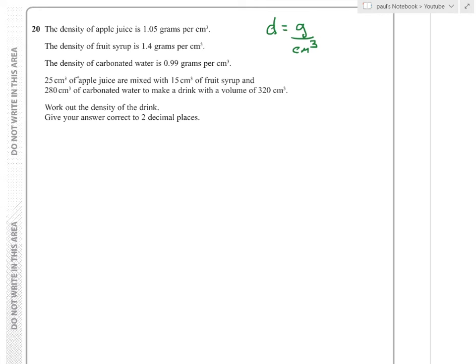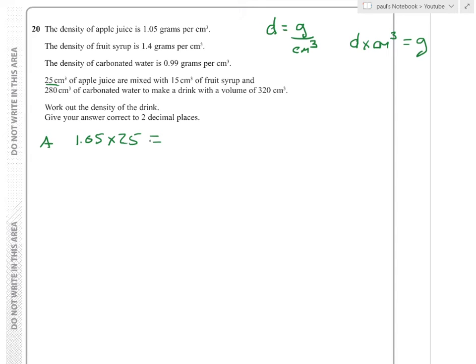So the density times the volume equals the grams. Right, so let's do apple. So the density 1.05 times the volume of apple here, times 25.